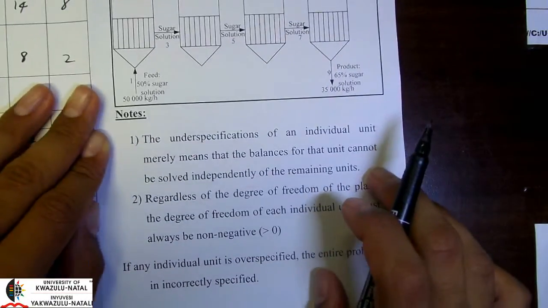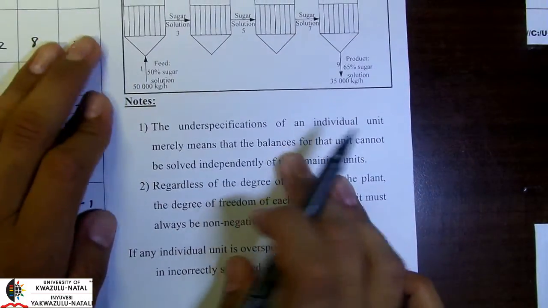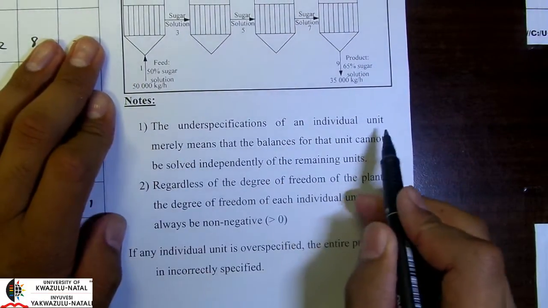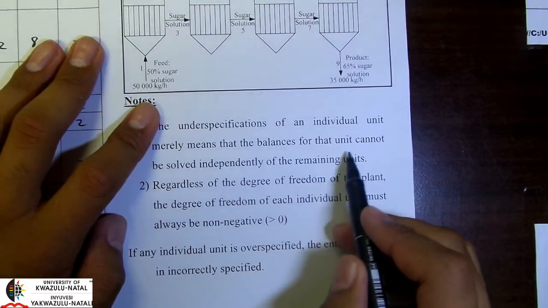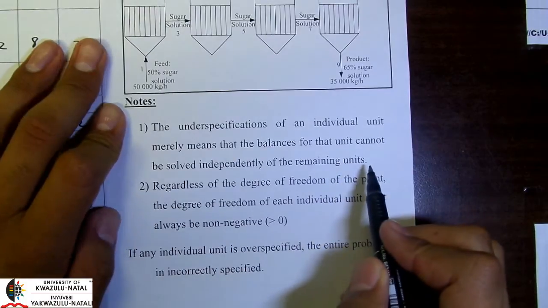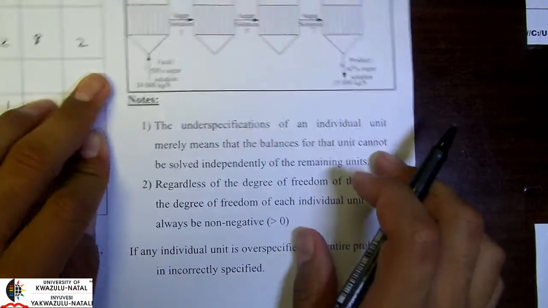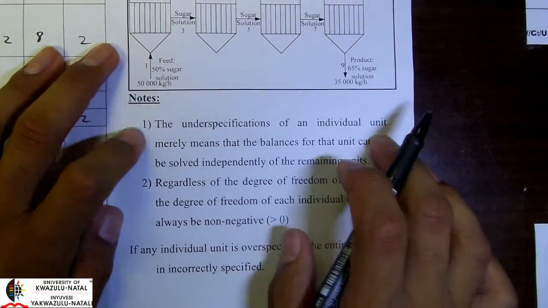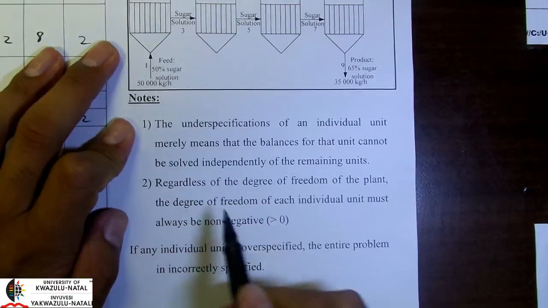Okay, so to summarize, if something is underspecified in an individual unit, it means that the balances for that particular unit cannot be solved independently of the remaining units. Okay, so if your degree of freedom is greater than 0, the balances for that particular unit can't be solved completely.